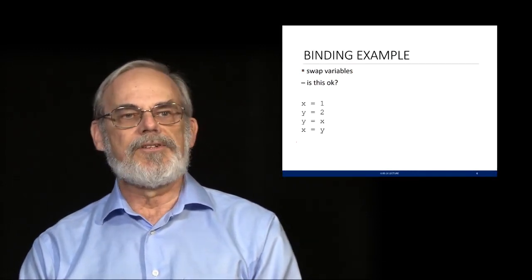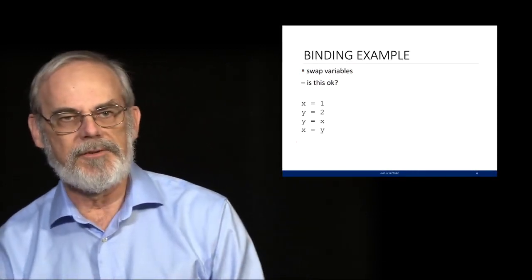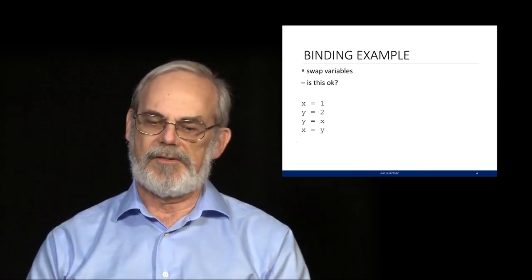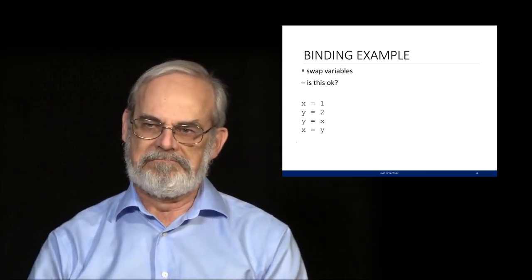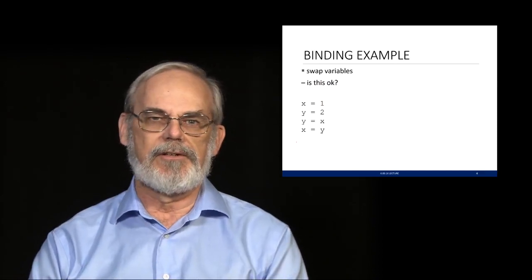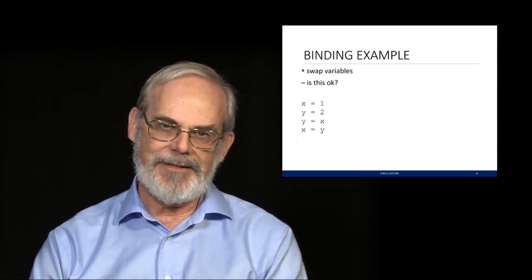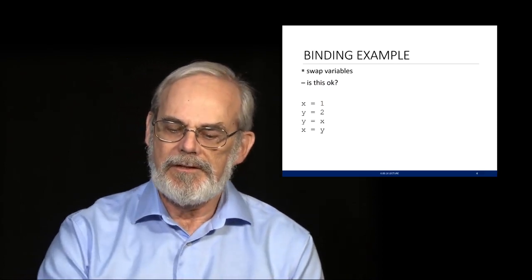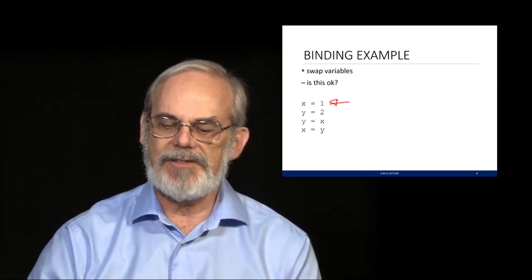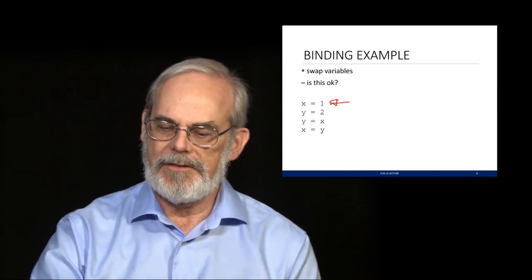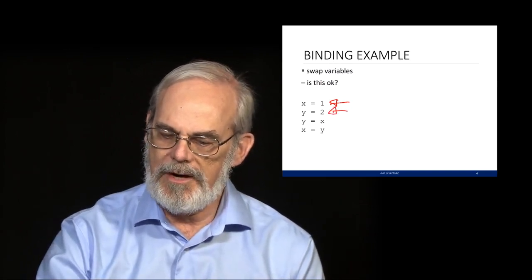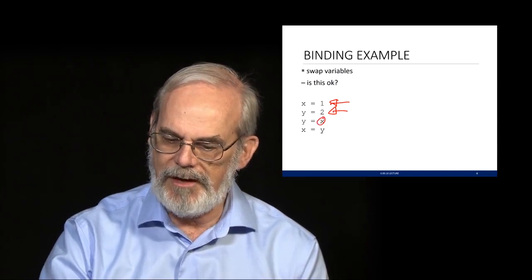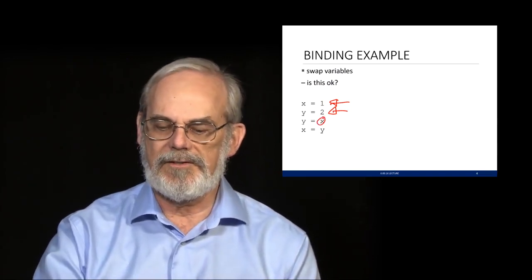You might think this is pretty straightforward, but we need to be careful about the order in which things are done. Suppose I've got two variables named x and y, and I want to swap their values. The little sequence of expressions here looks like it should do the right thing, right? Wrong. Let's think about it. The first expression assigns x the value 1. The second expression assigns y the value 2. The third expression gets the value of x, which is 1, and assigns it to y.